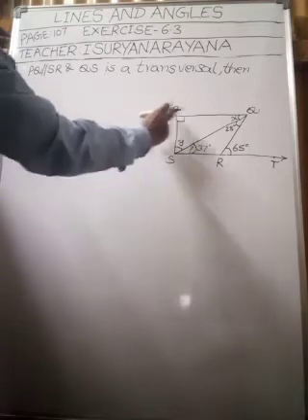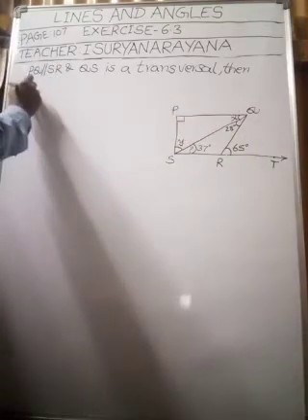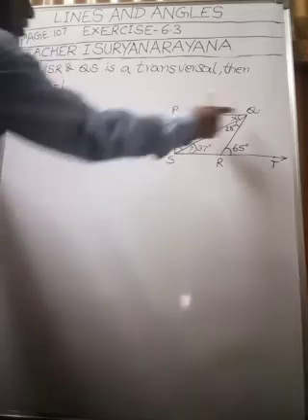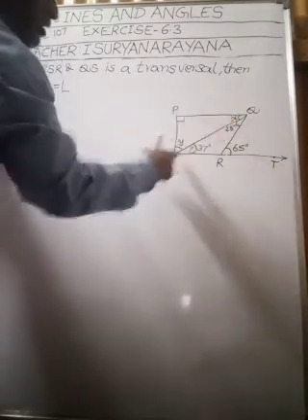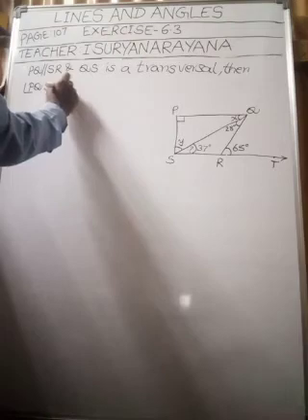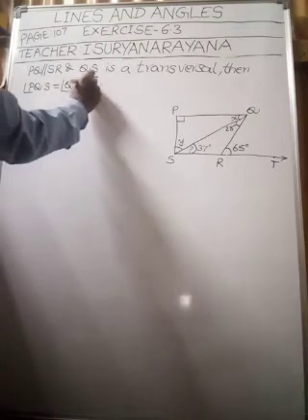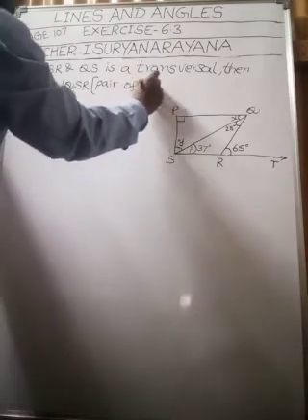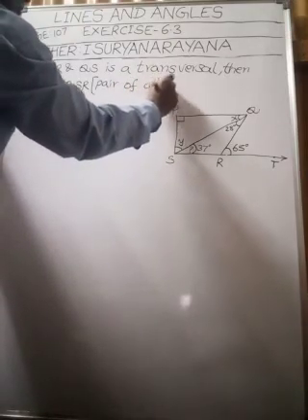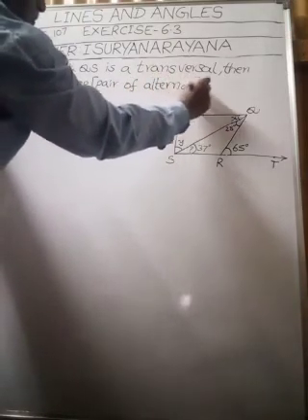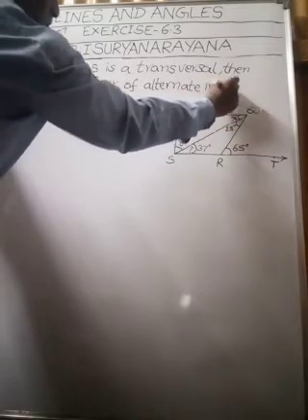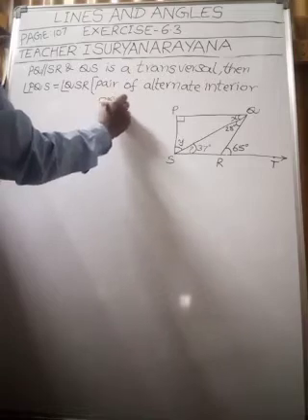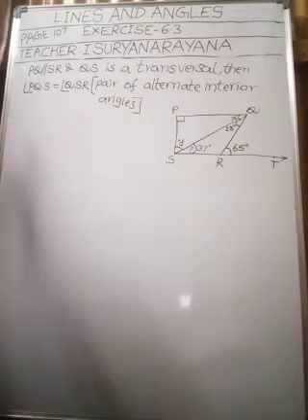Then angle PQS is equal to angle QSR, a pair of alternate interior angles. Isn't it or not, my dear children?